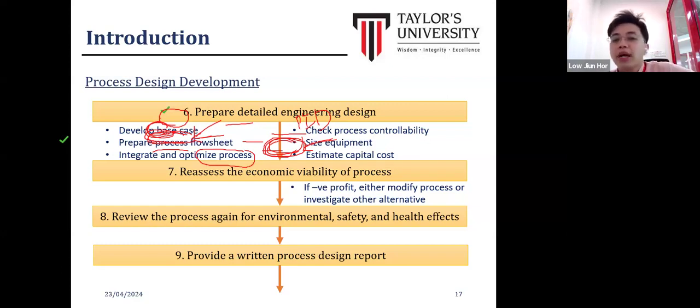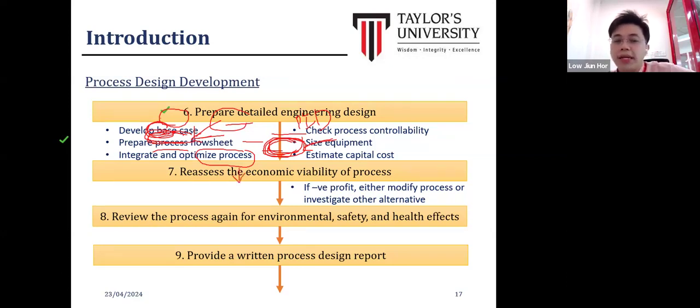So if based on the cost that you calculate and also the profit you calculate, your chemical plant is perfect, the cost is low, and you can generate a lot of money, then you can proceed to step number 8.